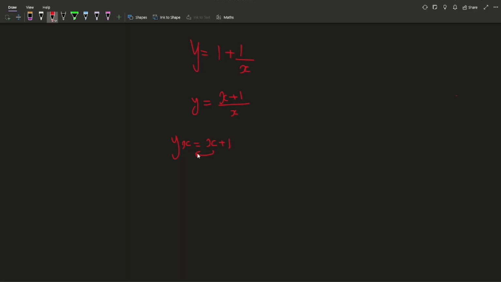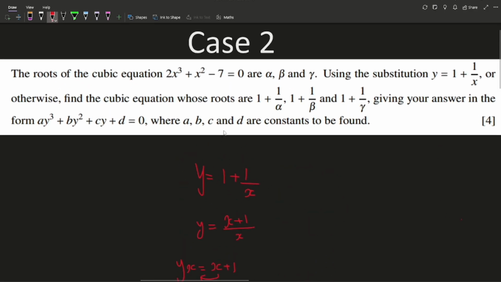Let's take this x to the other side. This will be yx minus x equals 1. Let's take x common. This will be x times y minus 1 equals 1. So x equals 1 over y minus 1. So this is what we will be substituting in the equation they have given.